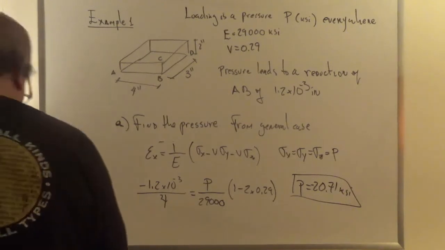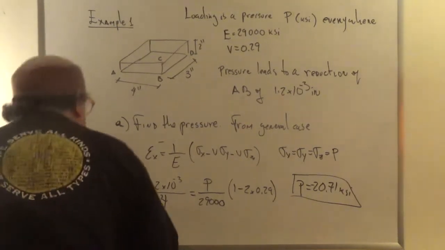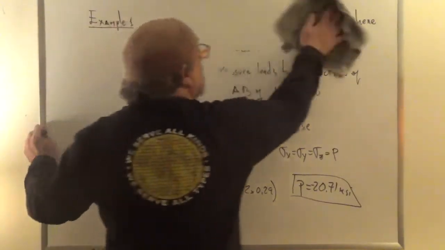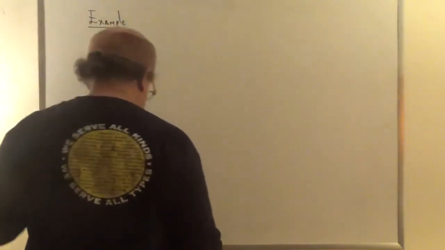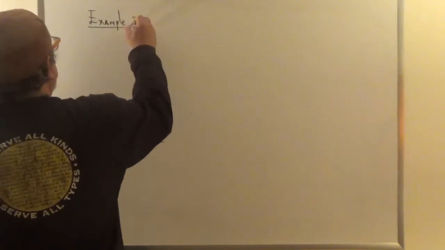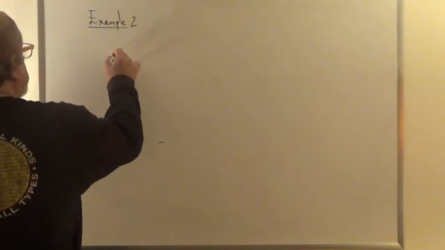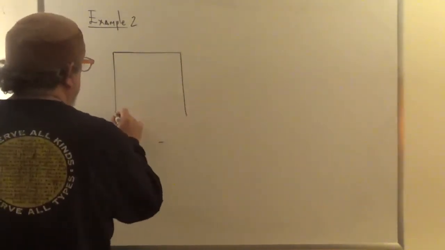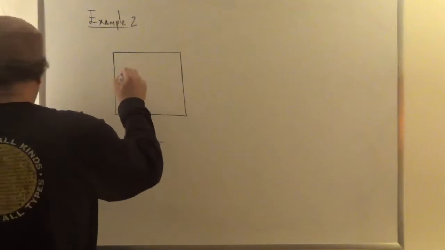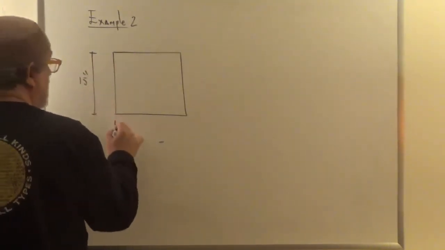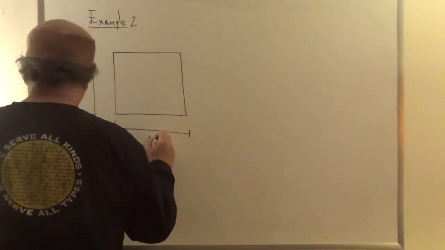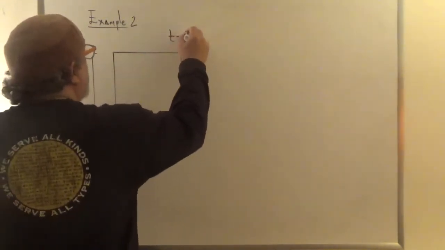Example 2, almost as simple, just a little bit more. In example number 2, imagine that you have a plate that is 15 inches by 15 inches and has a thickness of 3/4 of an inch.